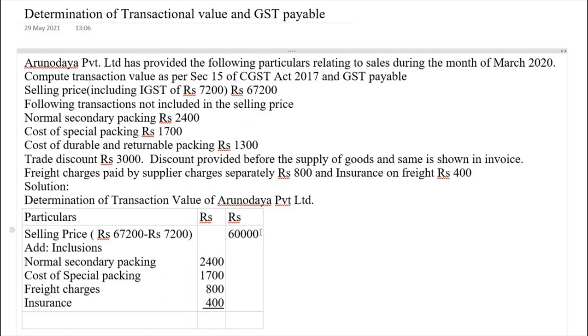So 4100 plus 800, 4900. So total 5300. Let me take it to the outer column here. 5300. The sum of this will be 65,300.